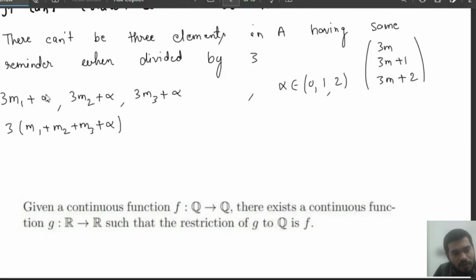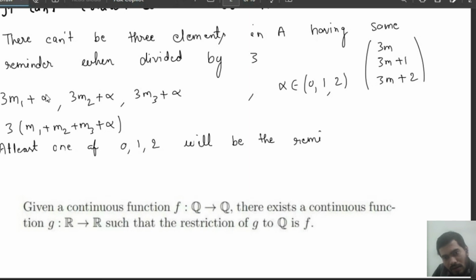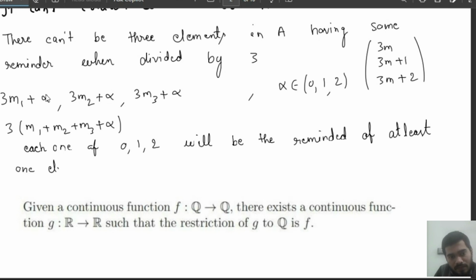Using this, we get the fourth observation: each one of 0, 1, 2 will be the remainder of at least one element in it, right or not? Tell me. Yes. Can you repeat it again?